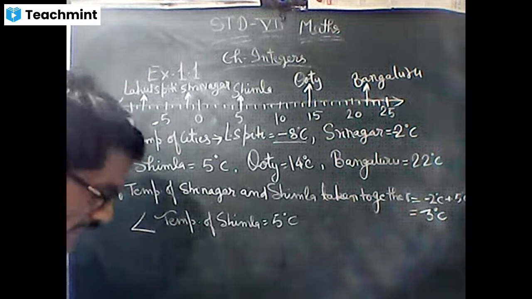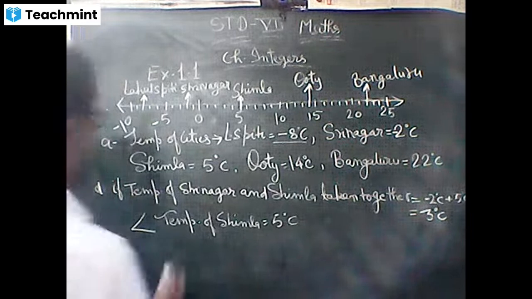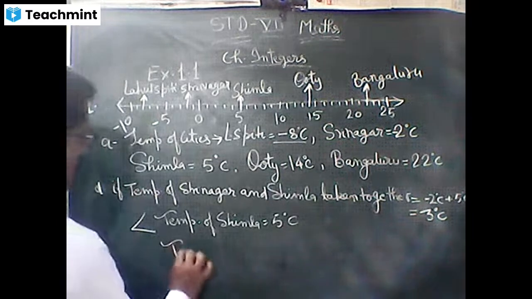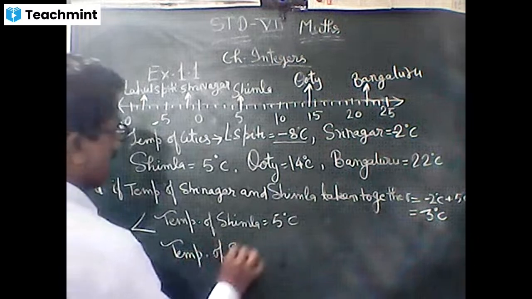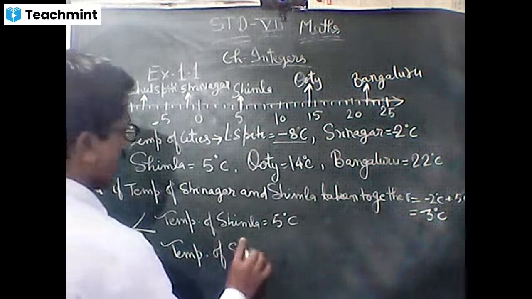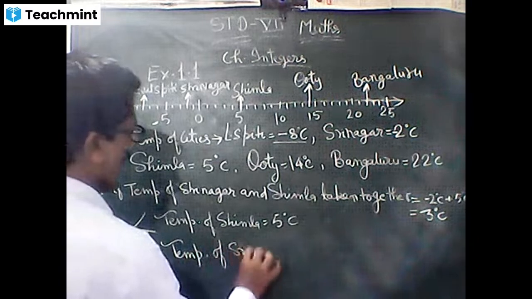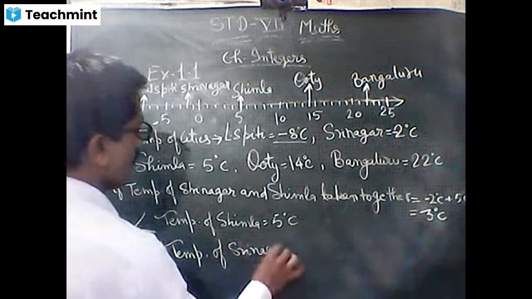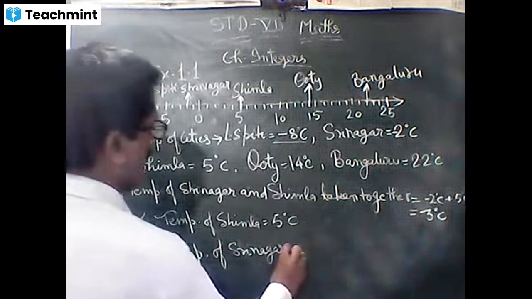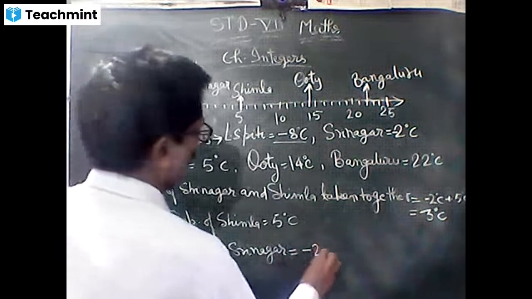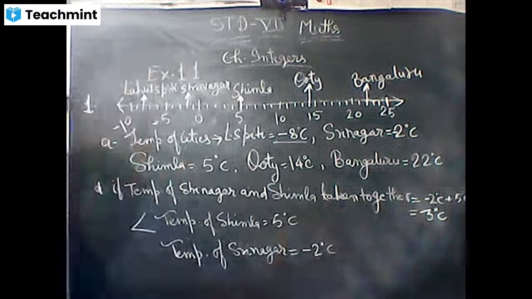Temperature of Srinagar. So now we have to write, there are two parts of the question. Temperature of Srinagar is -2 degree centigrade.